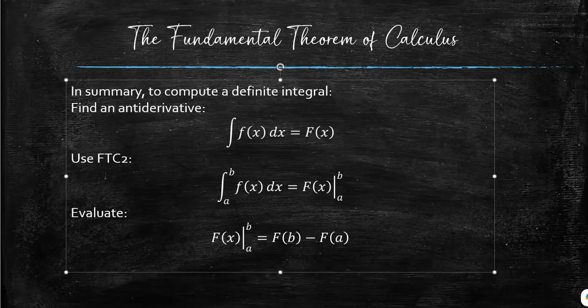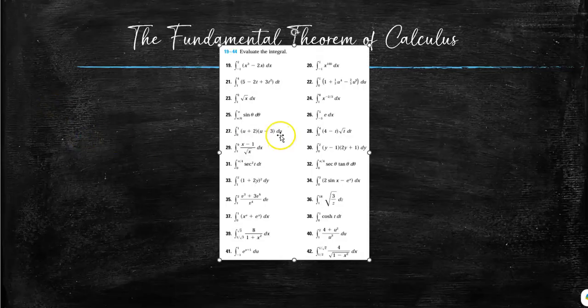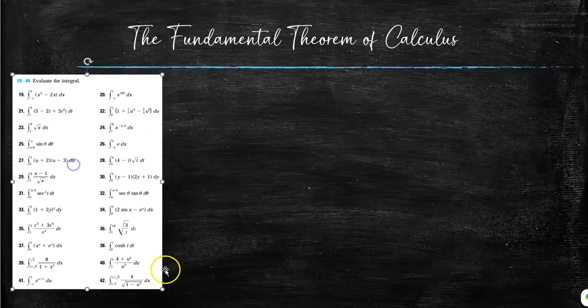And let's do a couple problems. I'm going to pause this recording and find a couple additional problems in the book. All right, I found a list of problems in the book. So this is what they look like.